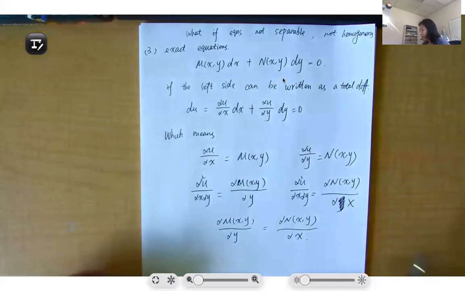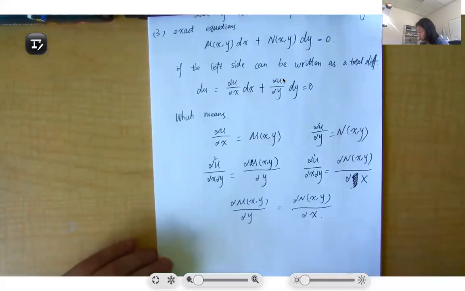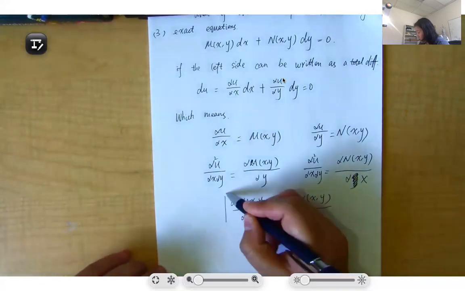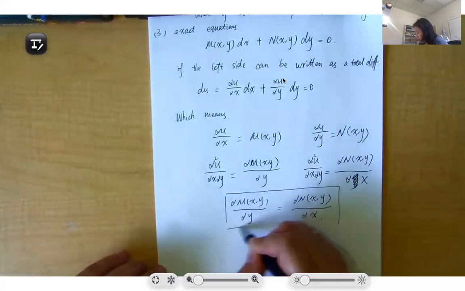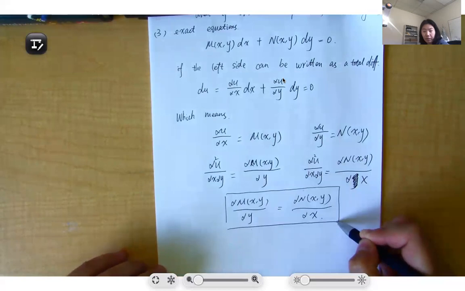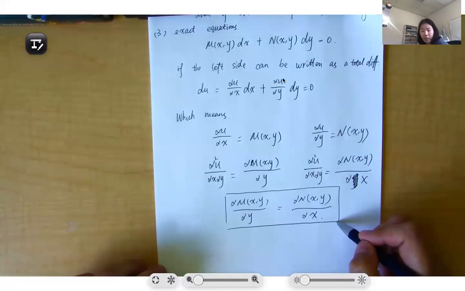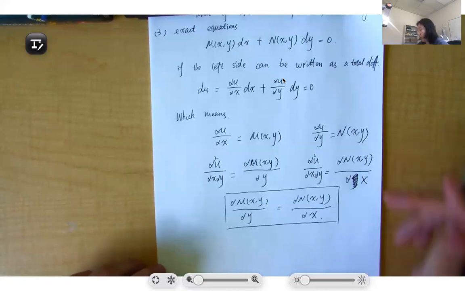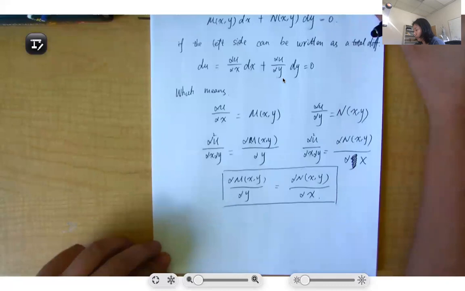Okay. So this is the precondition to decide whether the first-order ordinary differential equation is exact or not, and this is a sufficient and necessary condition to check the ordinary differential equation, whether it's exact or not.